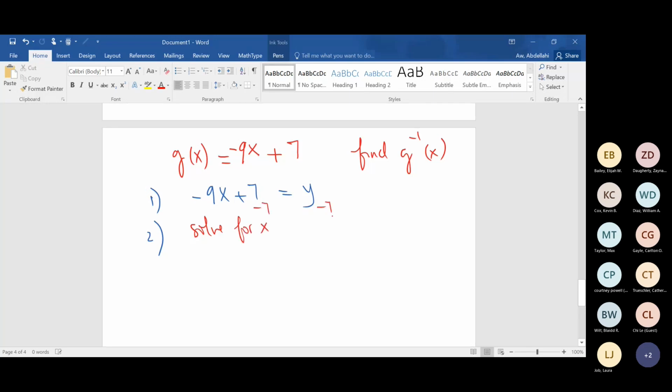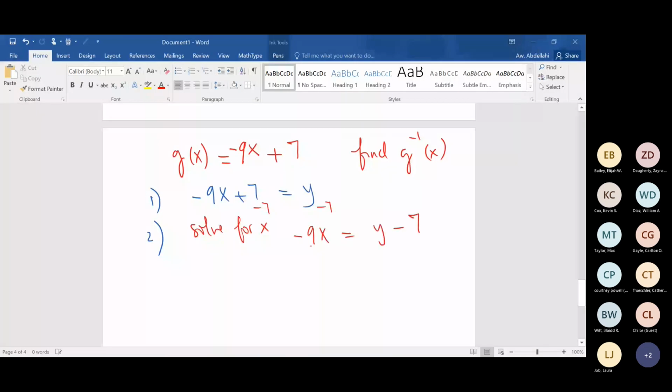We called it g, so at the end we're going to say g minus 1 of x equals something. Negative 9x plus 7 equals y, so we solve for x. We get negative 9x equals y minus 7, and then we divide by negative 9.